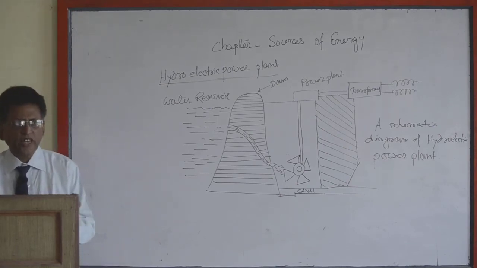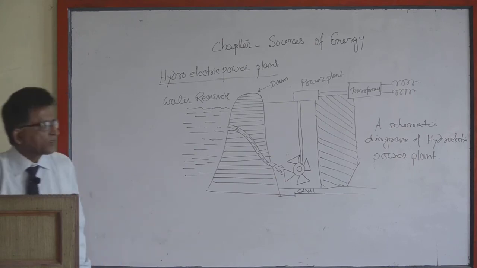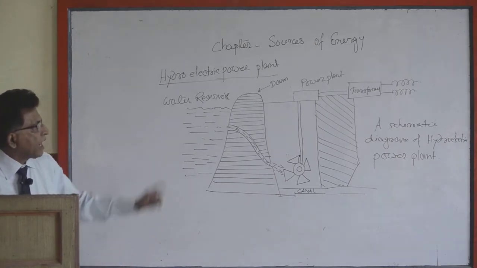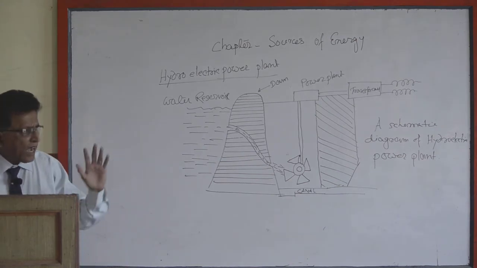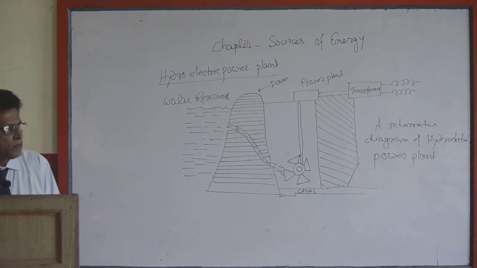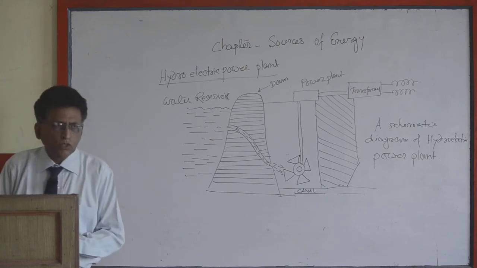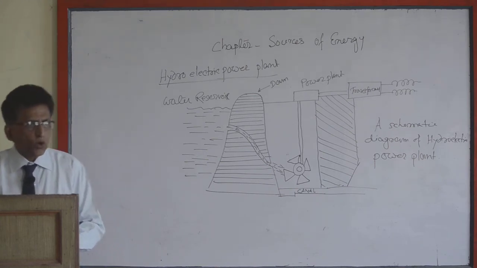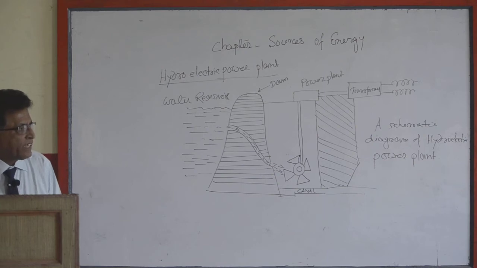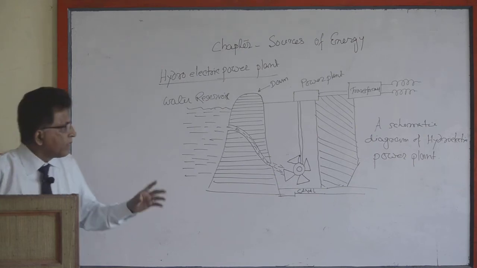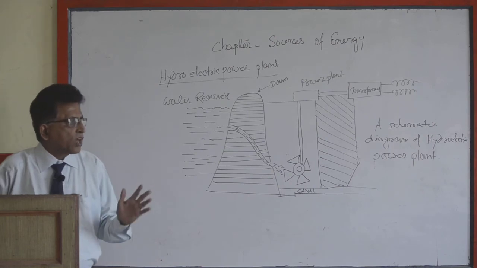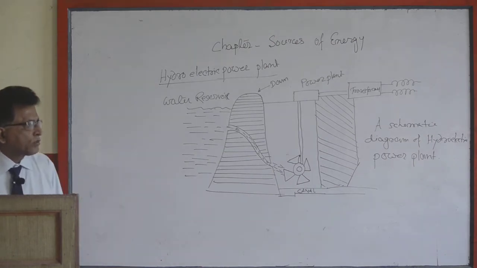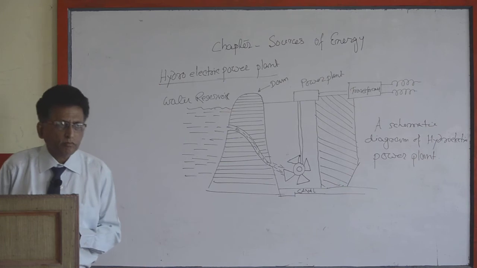The turbine's axle is connected to the armature of the generator. The armature of the generator rotates within two poles of a strong magnet.